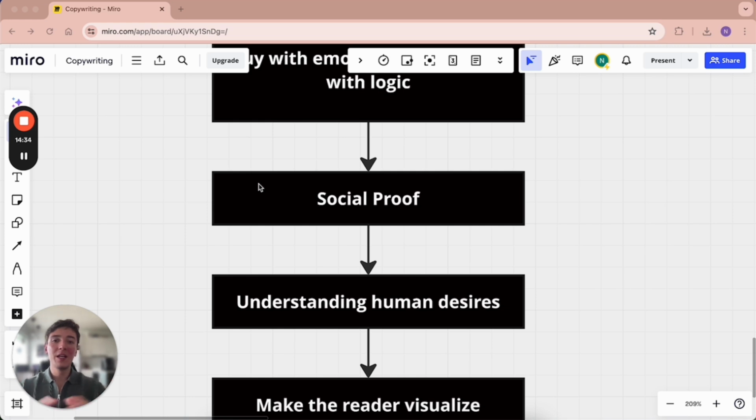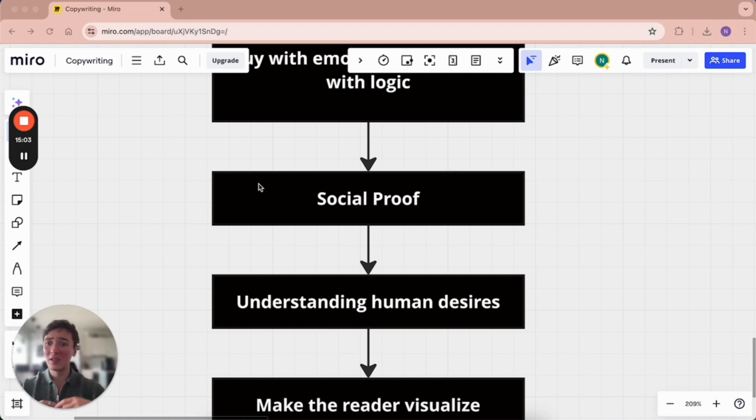So the next one here is understanding human desires. And this is where you really want to think about what does your target audience ultimately want? Like, what is their desire? Is it love? Is it status? Is it self-improvement? That could be a lot of stuff, right? And this is obviously very important because you want to approach your marketing to appeal to this desire, right?